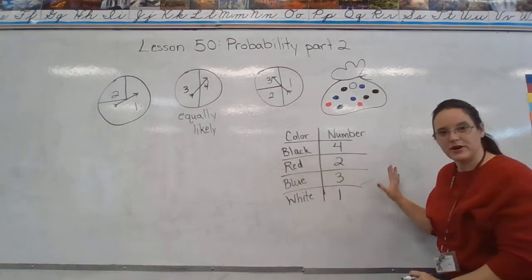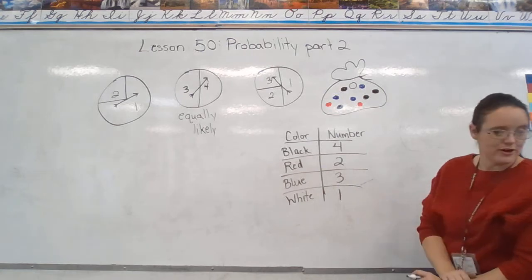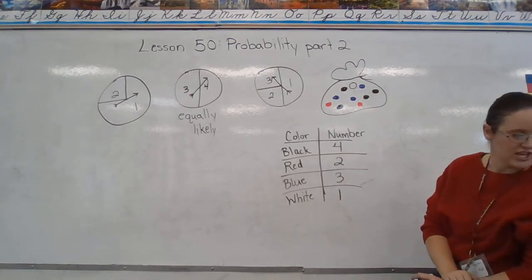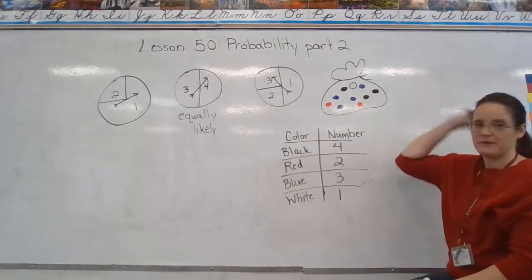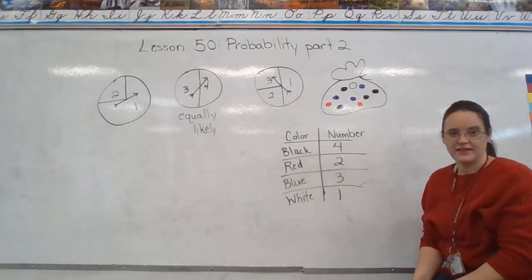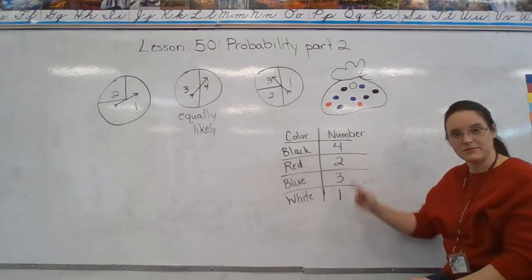So here's the first part of our question. We created the table like it asked us to do. The second part of the question says, which color is least likely to be picked? If we were just to pick 1 marble out of the bag. Well, least likely should be my smallest number here.